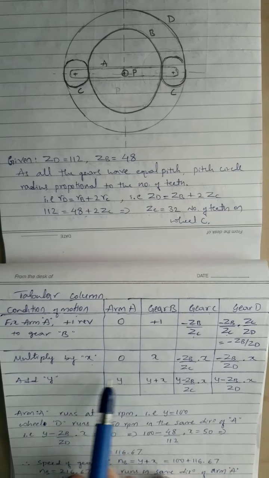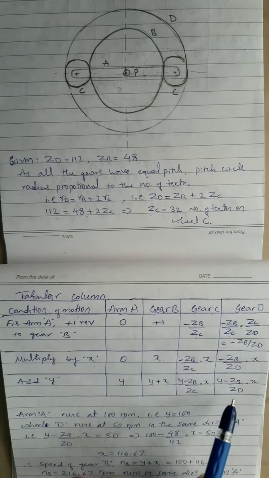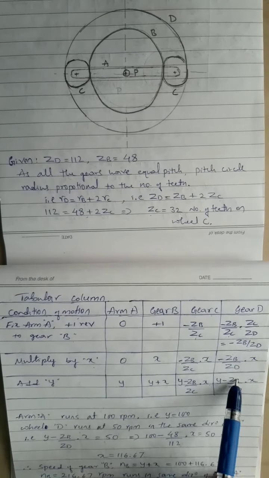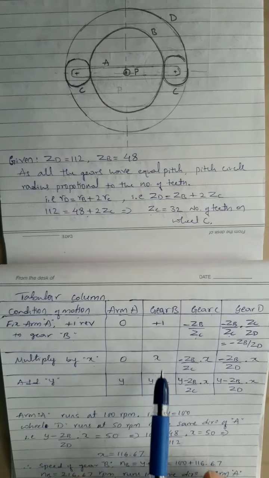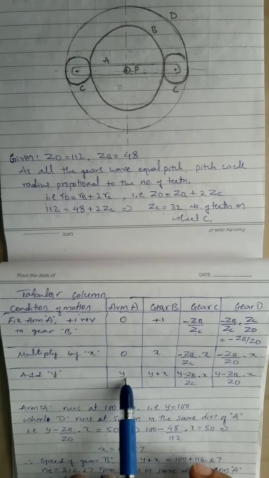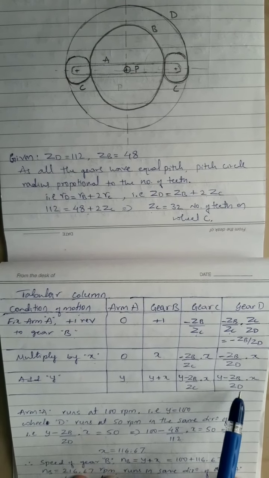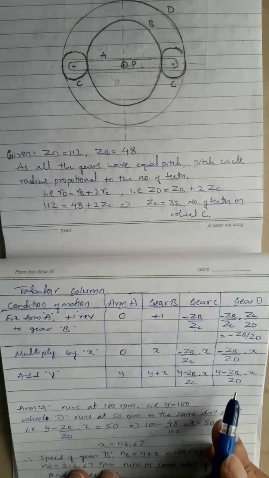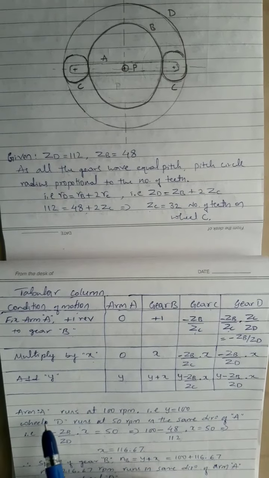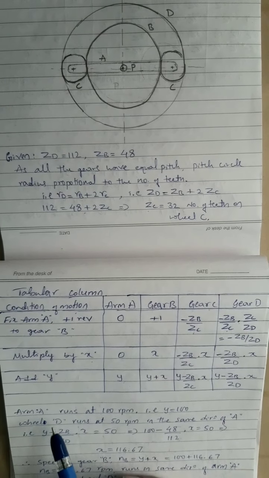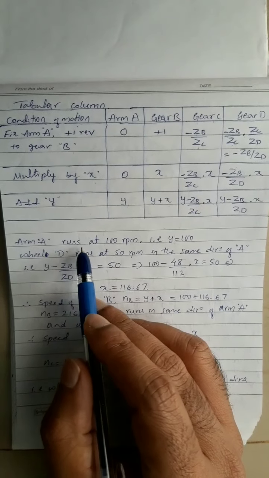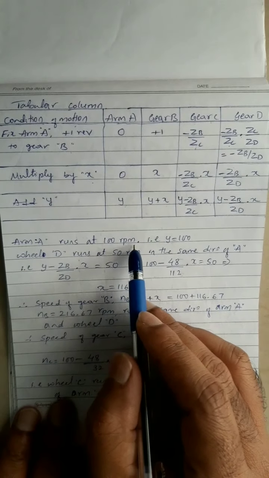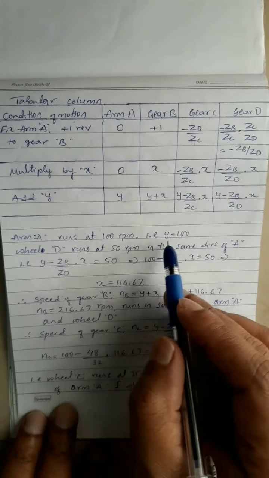So here we have the equations for the speed of gear D, gear C, gear B and arm A. With the help of these equations, we'll find out the speed of the required gears. So considering arm A, which runs at 100 rpm, it is given in the question.